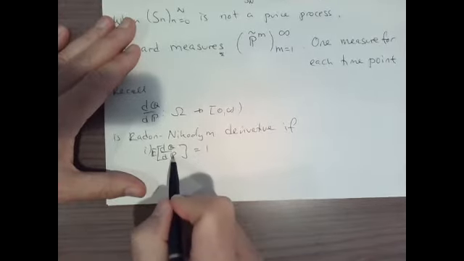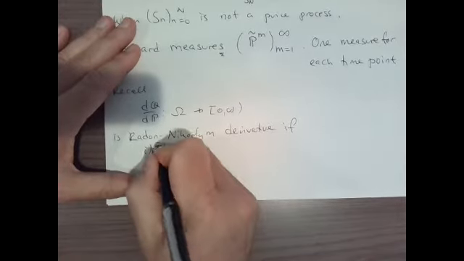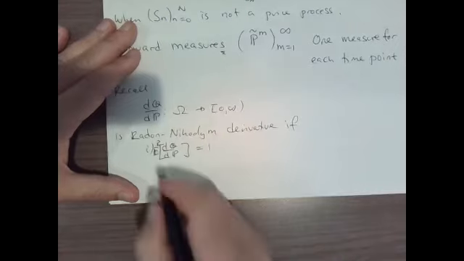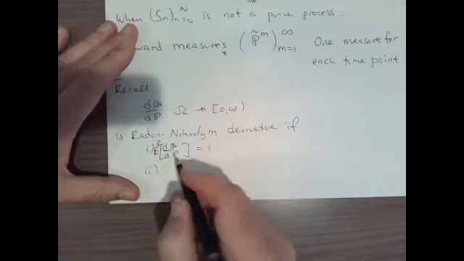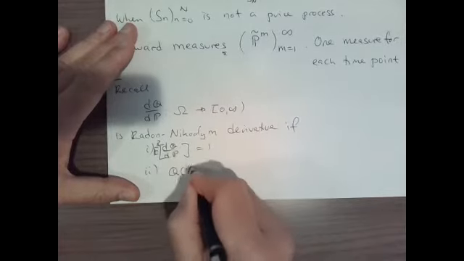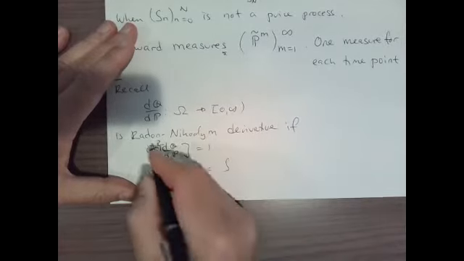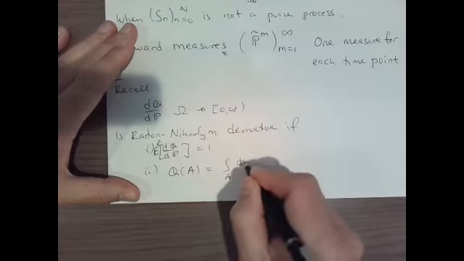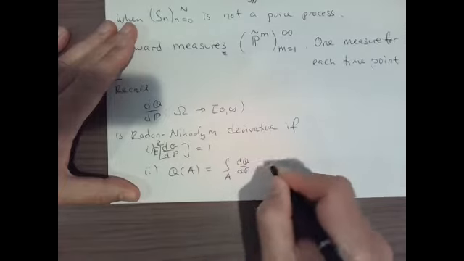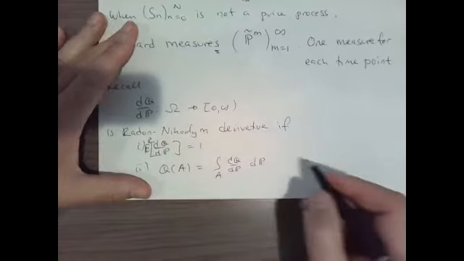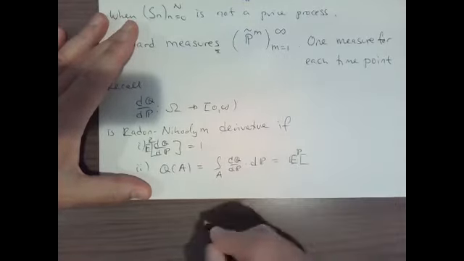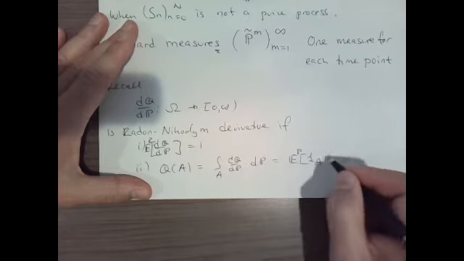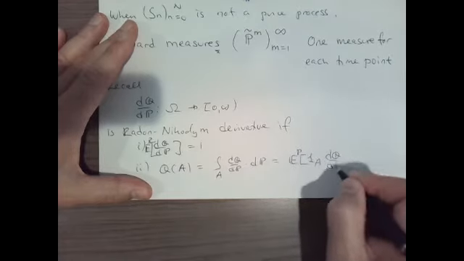This expectation is computed under P. And then the property is that it links these two measures. Q on a set A can be computed by integrating over A this Radon-Nikodym derivative with respect to P. Or you can write this as an expectation under P of 1_A dQ/dP.